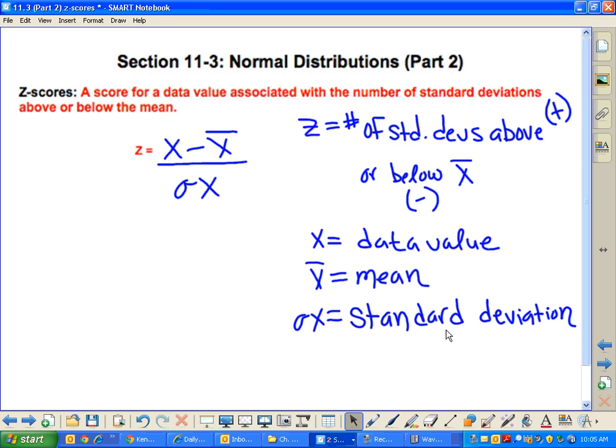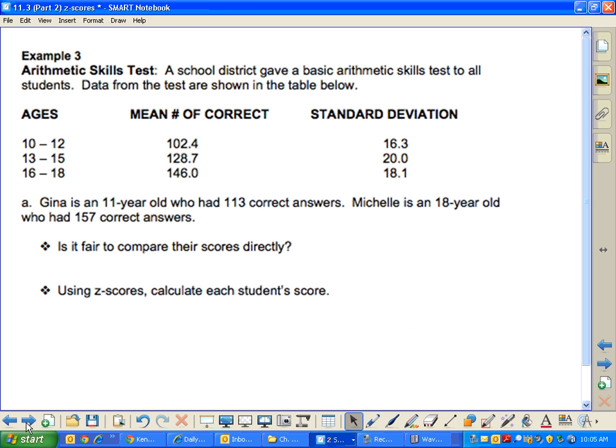Okay. So to kick off this particular lesson, we really only have 2 examples to get through today. Then I'll come around and check off your bookwork from last night. Yeah, we have an arithmetic skills test to think about. A school district gives a basic arithmetic skills test to all of its students. Data from the tests are shown in the table below.